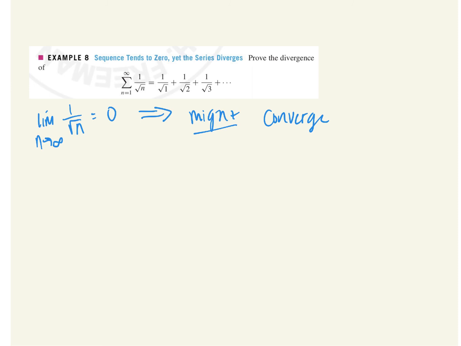So I'm going to take a look at this S sub n. What does this sum look like, right? It looks like this: 1 over root 1 plus 1 over root 2 plus 1 over root 3 plus dot, dot, dot, plus 1 over root n. So these individual terms are getting larger or smaller?